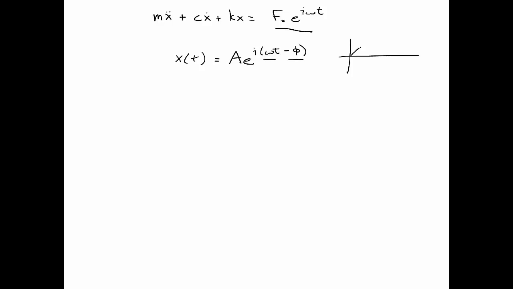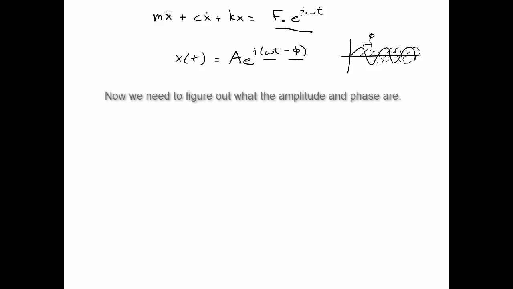Right, so if you just have sine, it looks something like this, but then if you delay it, it might look something like this. And it could have a range of offsets. It might just be delayed by this much. So that's all determined by the phase. Okay, so we're just guessing our solution will have the same frequency as the driving force, but be delayed by some phase.